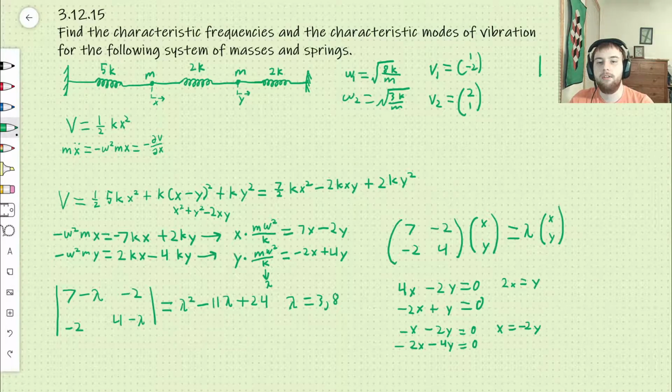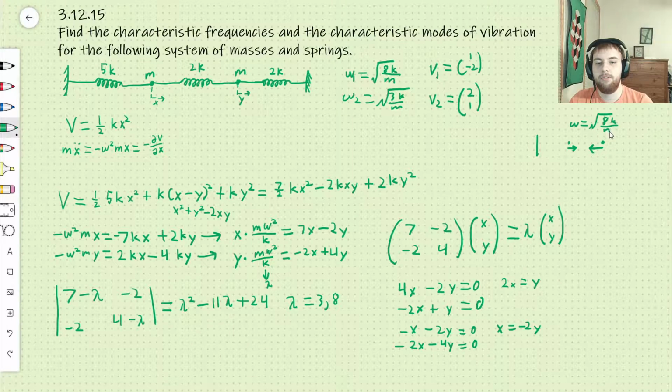And this is when the frequency is square root of 8. Wow. Let me bring this to a place that you can read. There. So this is for our first mode.